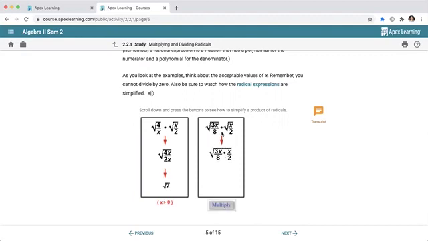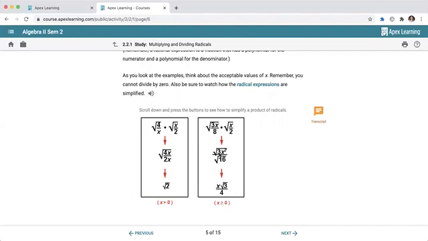When I combine this one, I've got 3x over 8 and x over 2. So when I multiply out, I'm left with 3x squared over 16. Now I'm going to split up and factor out any perfect squares that I might have. So I've got the square root of 3x squared over the square root of 16.